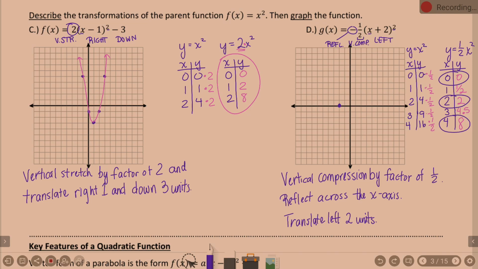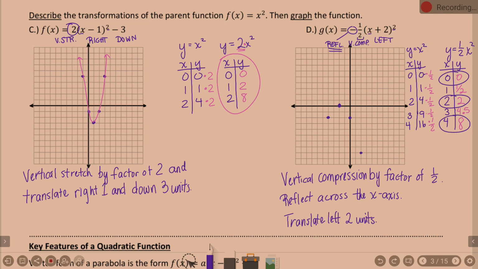So here was my vertex, right? We're going to go over 2. If you go over 1, it's going to be 1/2. Which way am I going with these? Over 2 and where to? This is a reflection, so I'm going to go over 2 and down 2. You can do this both ways. And then if we want whole numbers, we can also go over 4 and down 8.